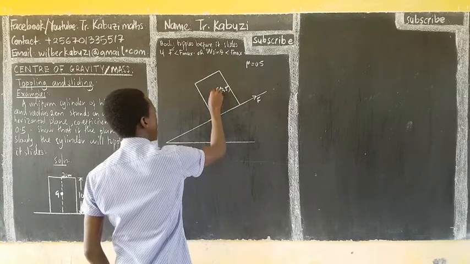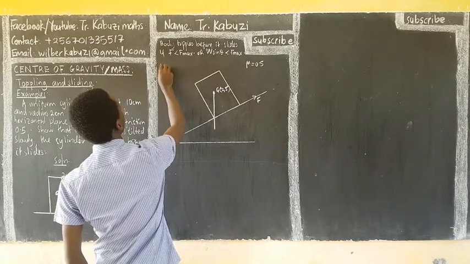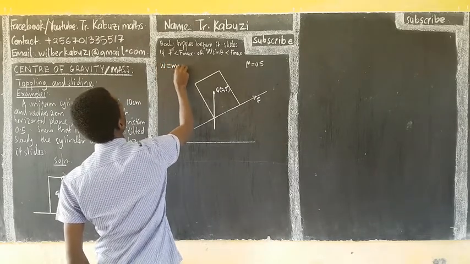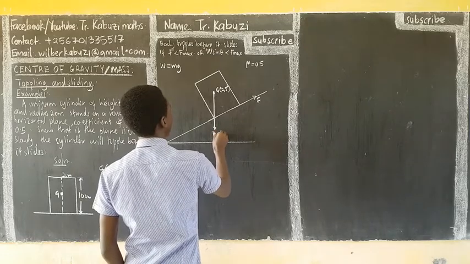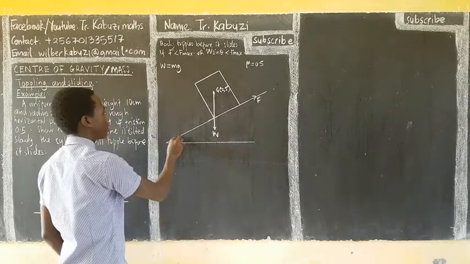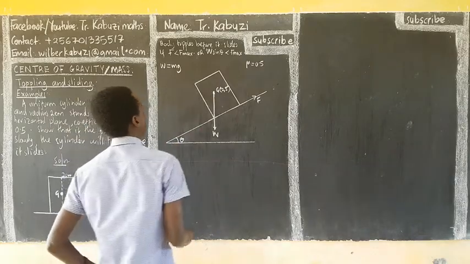Of course, we are going to have the weight acting there. We don't know the weight, so if we call the mass M, this is going to be my weight. I'm assuming this angle theta is the angle at which this is being tilted.